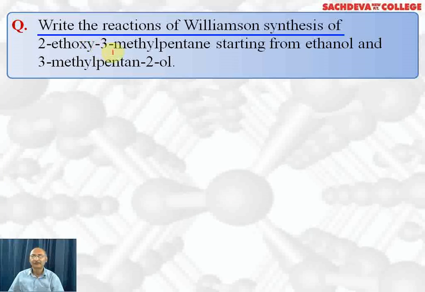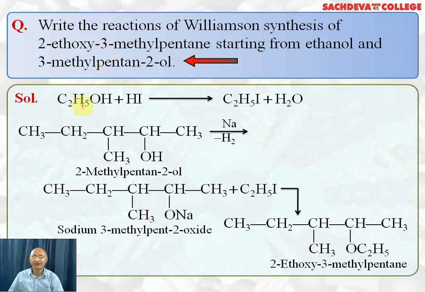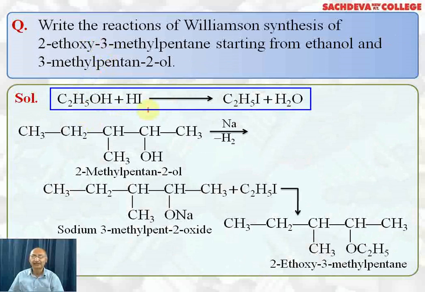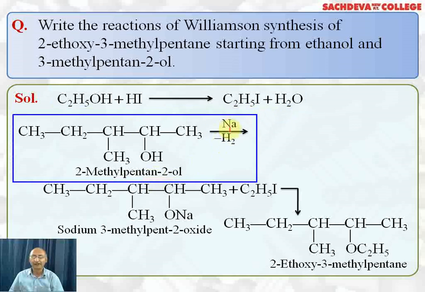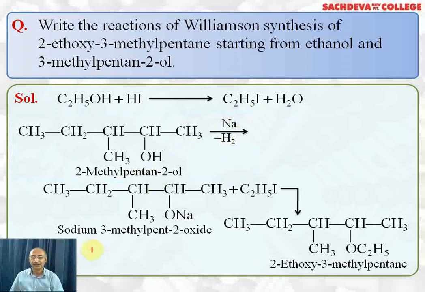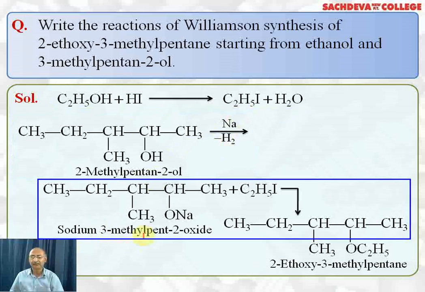Write the reactions of Williamson synthesis of 2-ethoxy-3-methyl pentane starting from ethanol and 3-methyl pentan-2-ol. C2H5OH plus HI gives C2H5I plus water. 3-methyl pentan-2-ol, when it reacts with sodium, hydrogen gas will be formed, and sodium 3-methyl pentan-2-oxide will be formed.